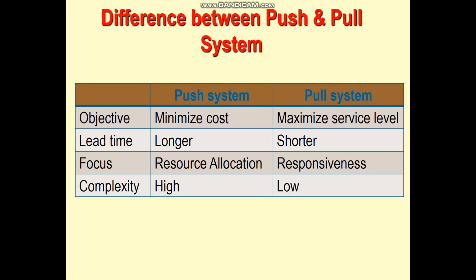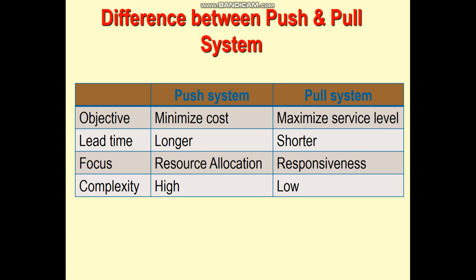So what are the differences between push and pull? The objective of the push system is to minimize the cost. So the company will produce first, before the customer order arrives, so that they can take advantage of the long production run or the large batch.